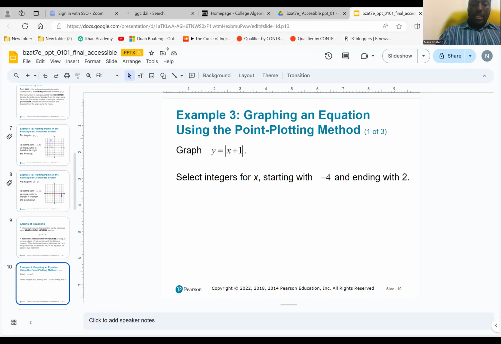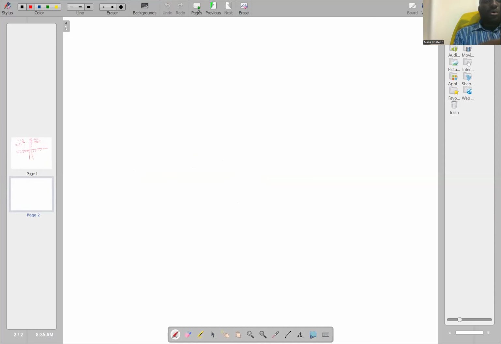All right, let me share my blackboard, and let's try to solve this. We have our equation y = |x + 1|. Let's pick x points from -5 to +5. Then we find the corresponding y values. So we have the x.